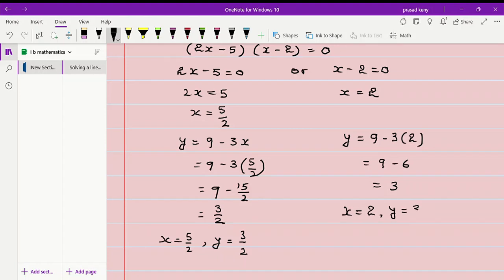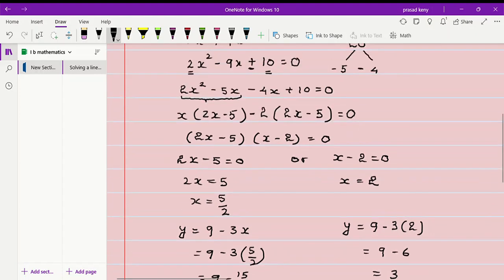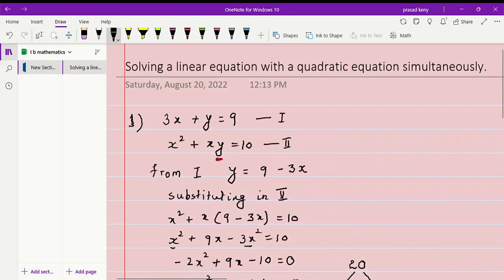So this is how you will solve one linear equation with a quadratic equation simultaneously. So your steps will be: always consider the linear equation first. Whichever is convenient, either express x in terms of y or y in terms of x. And for that, preferably take the term whose coefficient is 1.